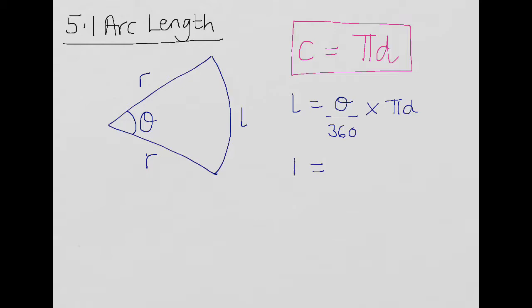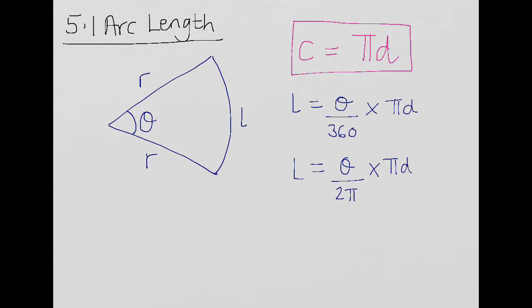So I would still have my angle as theta, but my angle theta would now be in radians. So the 360 would also have to be in radians, and 360 degrees in radians is 2 pi, and then that would be multiplied by pi d.